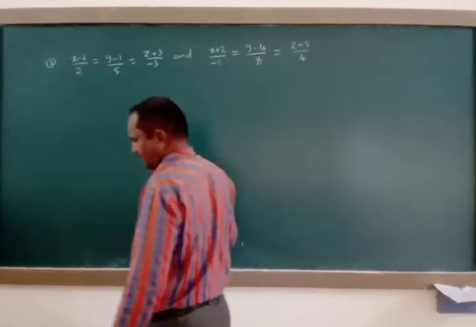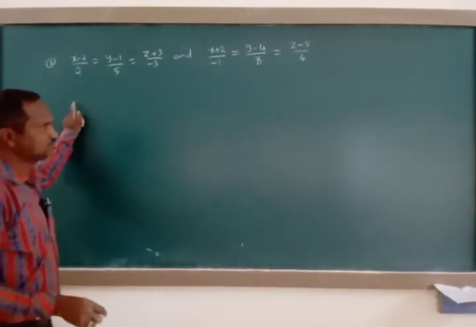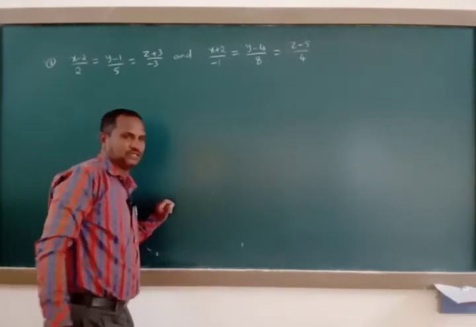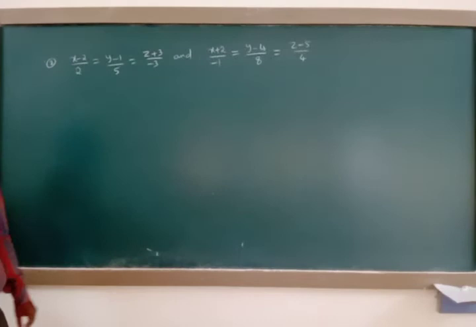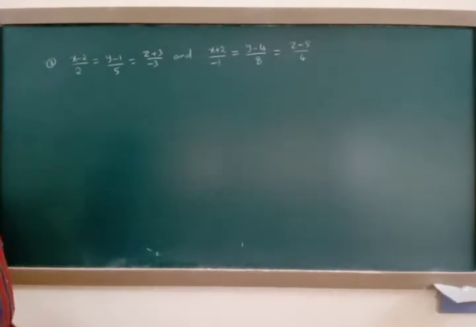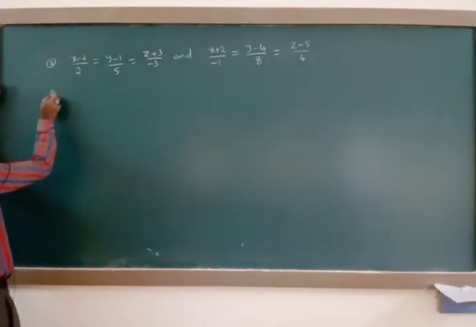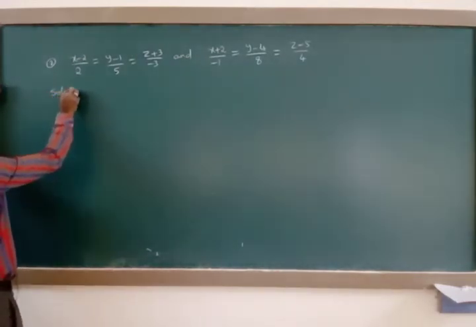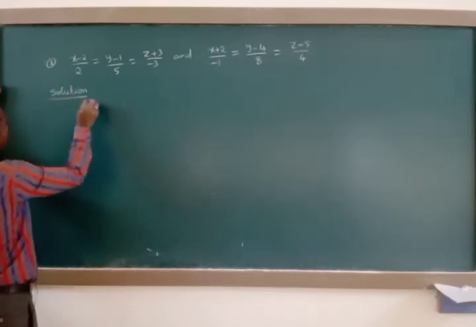I already told you, whenever lines are in this form, try to convert them to this form: (x minus x1) by b1 is equal to (y minus y1) by b2 is equal to (z minus z1) by b3. Like that we have to convert all the lines. See here, the solution: let the given two lines.